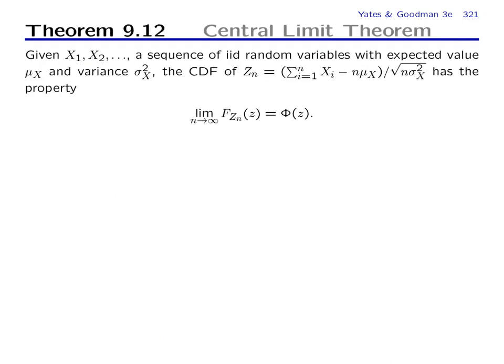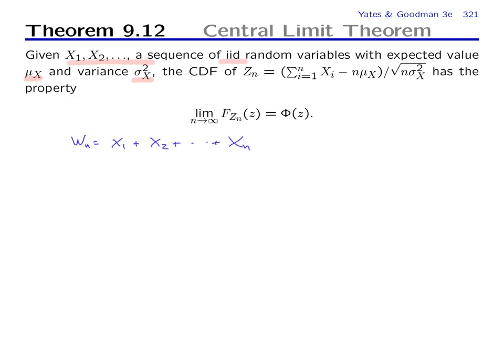Here's the formal statement of the central limit theorem. We start with a sequence of random variables, x1, x2, and so on, that are IID with expected value mu_x and variance sigma_x squared. And we're interested in the random variable W_n, which is the sum of these xi's.